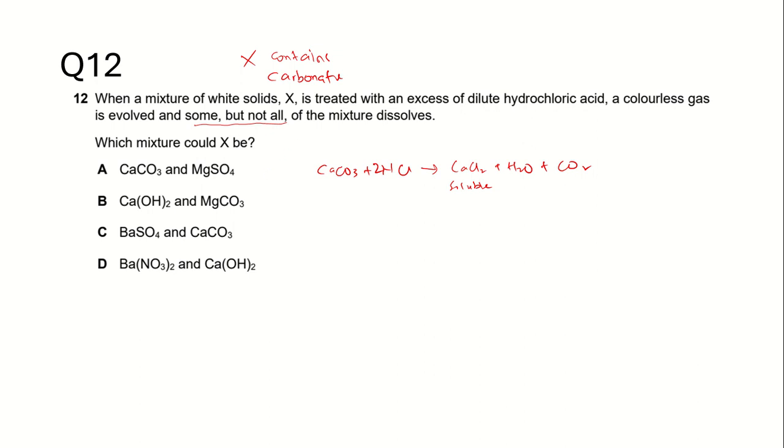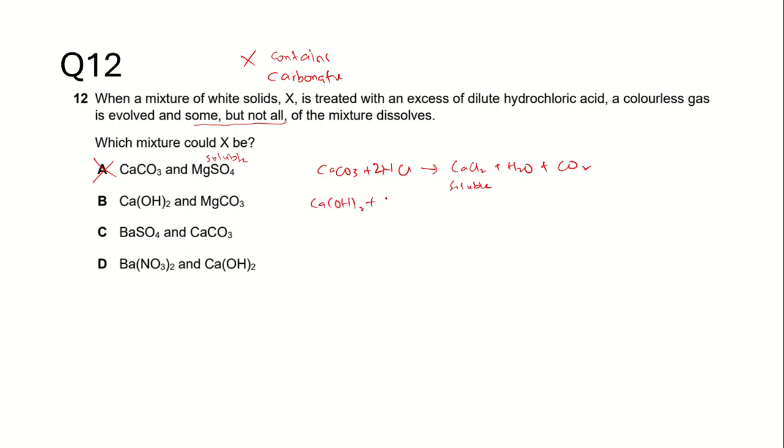Magnesium sulfate is also soluble in water, so with the combination of calcium carbonate and magnesium sulfate in A, you won't see any undissolved solid at the end. So A cannot be mixture X because mixture X says that there must be some solid not dissolved, right?